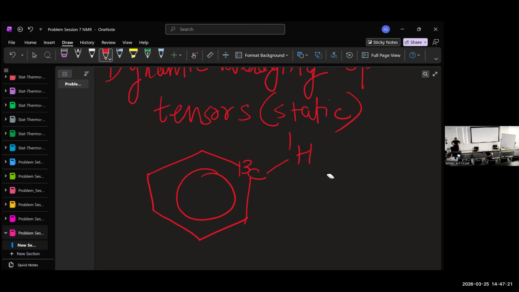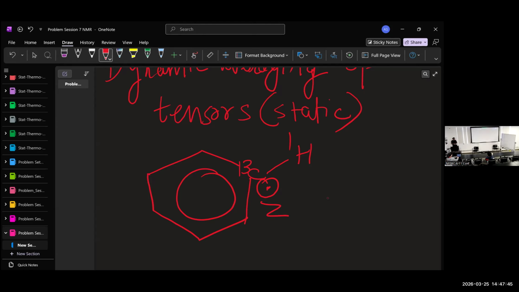Start with, is it in plane or out of plane? Out of plane. So that's the z-axis, because it says the ring perpendicular is the unique axis. So the z-axis is going into the screen.